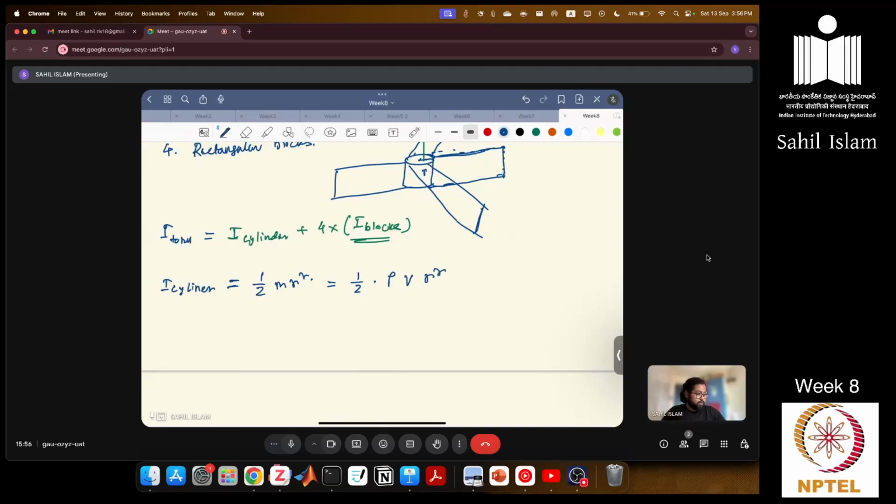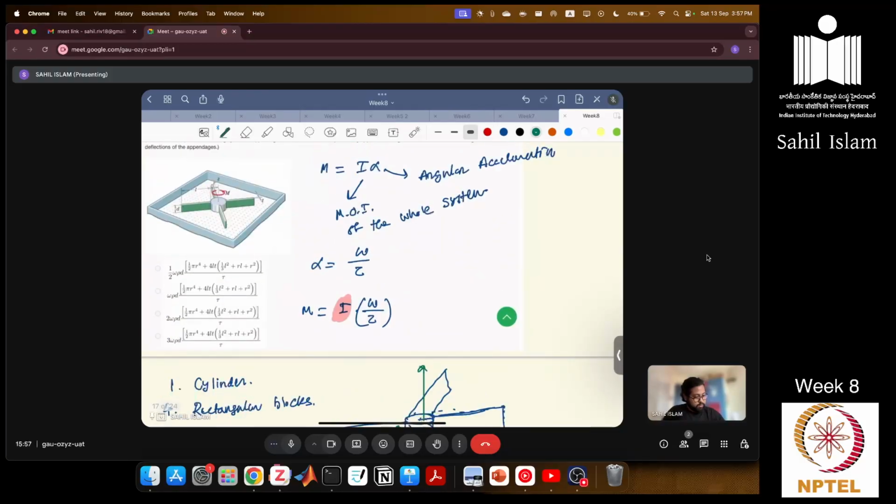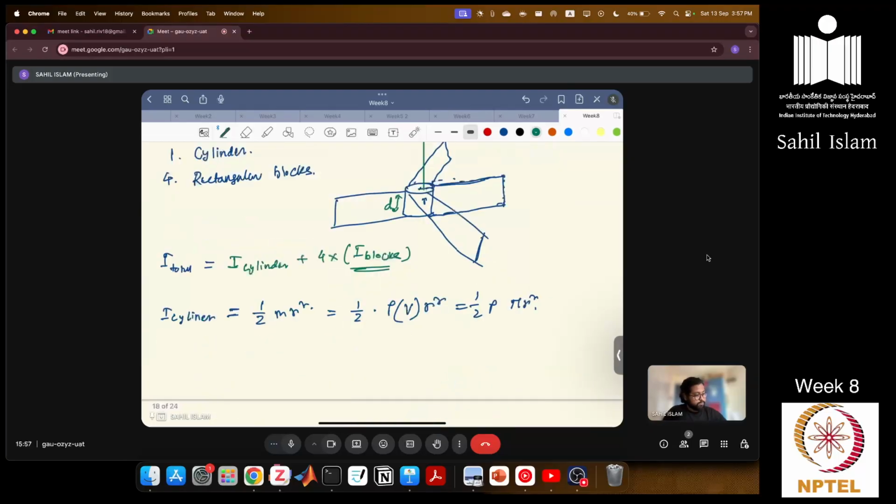The volume is pi r square h, and h is basically d, the depth. So half rho pi r square d times r square, giving half rho pi r to the power 4 d. This is I cylinder.